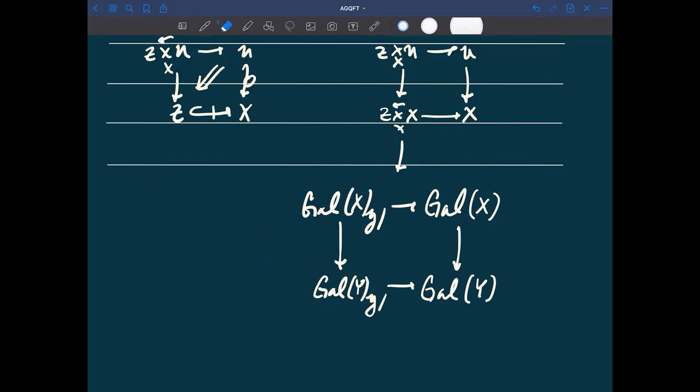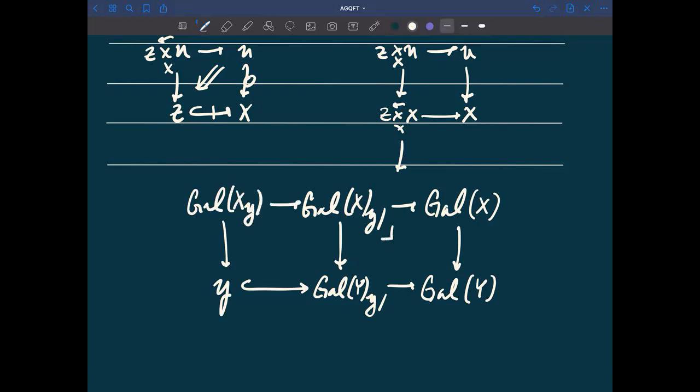But there's a story here, and what's the story? The story is that you can ask for a condition on this map such that if you put Y in here and you form the pullback, I'm just going to write Gal X sub Y here. So these are both pullbacks.